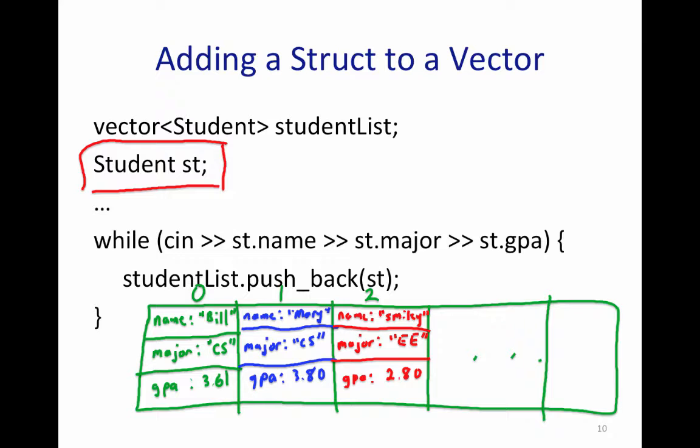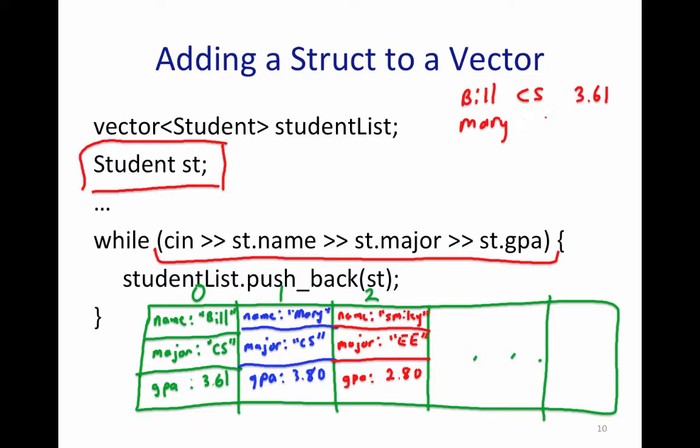Then I use my typical while loop to read one line at a time, and I'm assuming in this case that my lines contain students, their major, and their GPA, so it would look something like this.